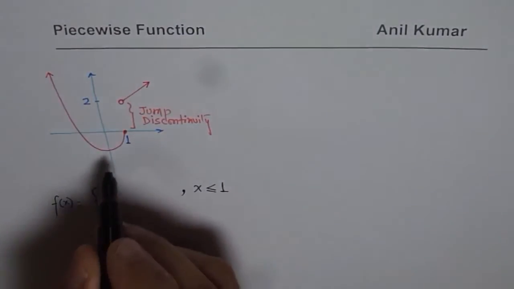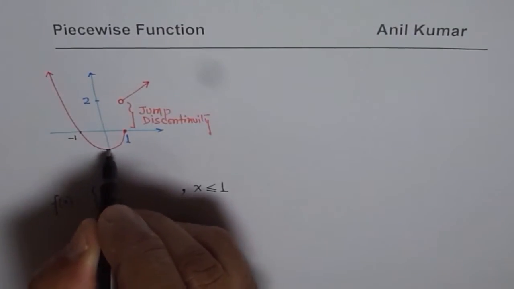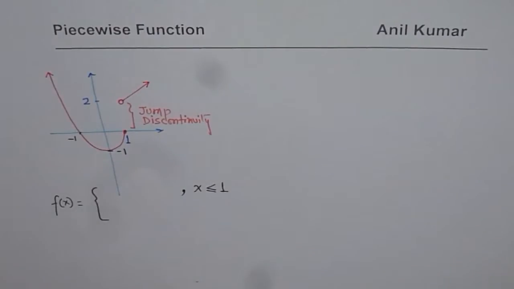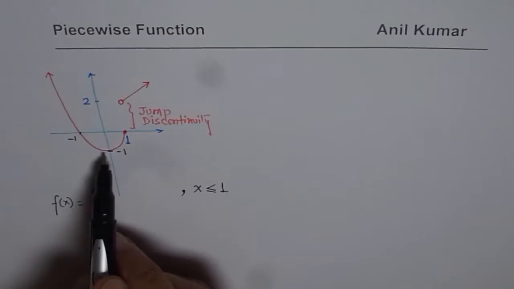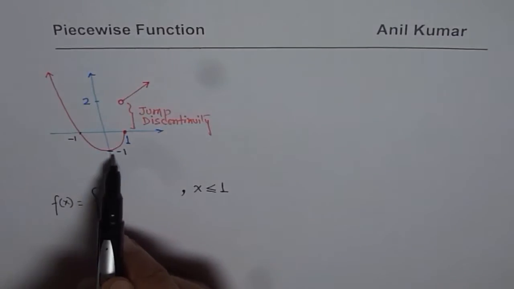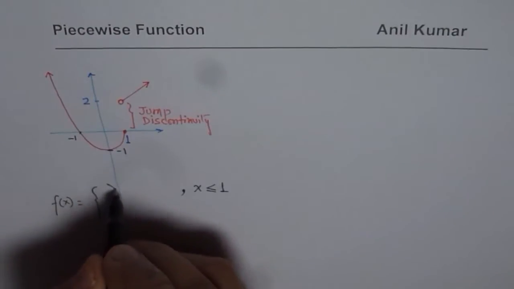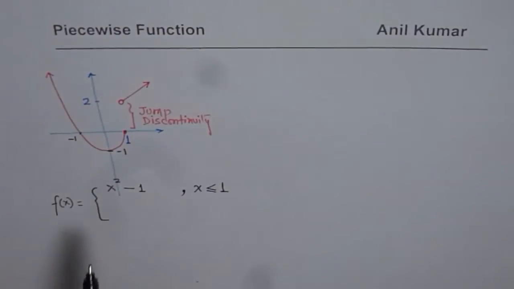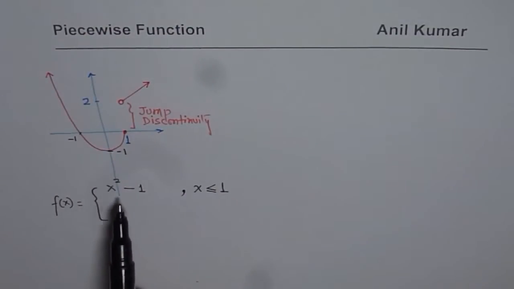You can actually find the equation of the parabola. Let us say this point is minus 1, and for simplicity I'm taking this as the vertex at minus 1. So now it becomes a parabola which has been translated 1 unit down. So I can write this equation as x squared minus 1. So on the left side of 1, including 1, the function is x squared minus 1.